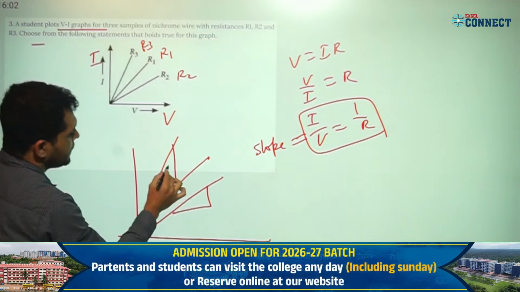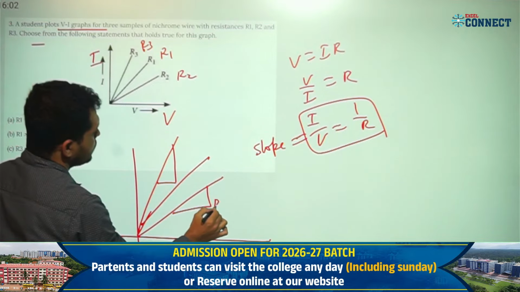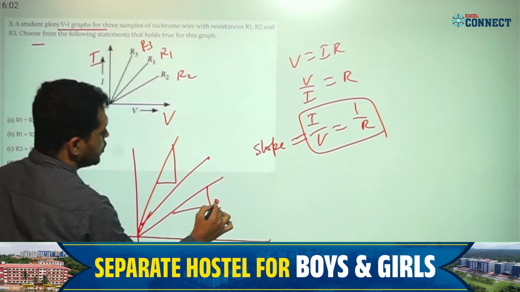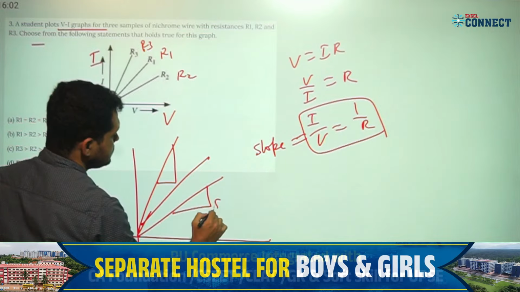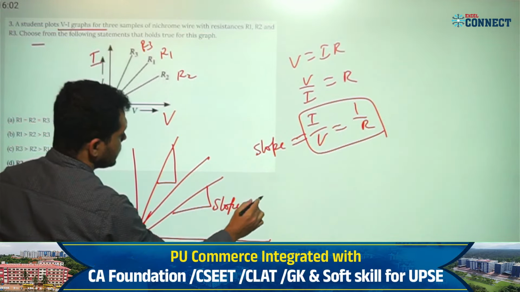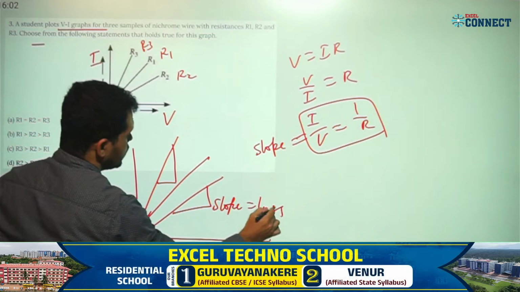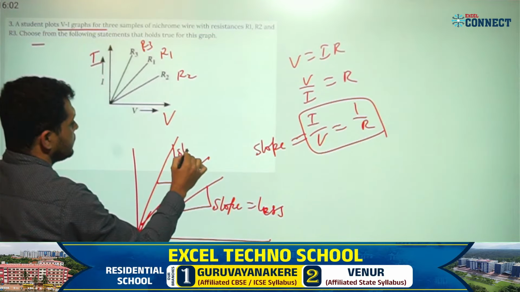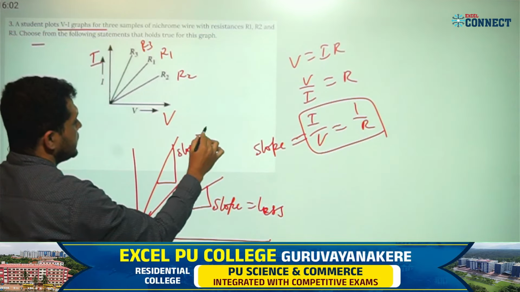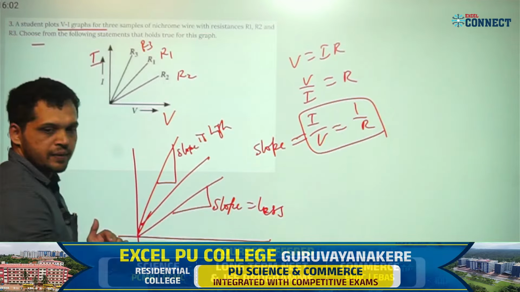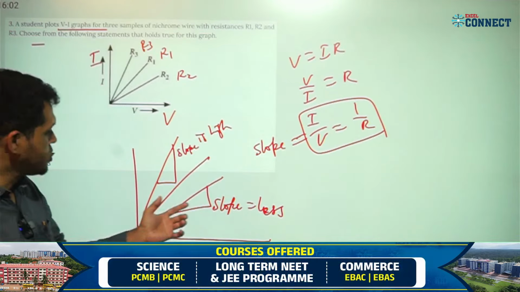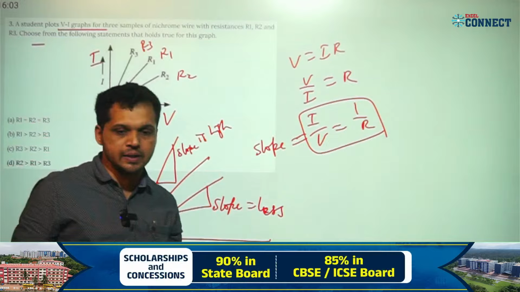If I compare the graph of R2, that is the slope here. Here the slope is less. Here the slope is high. This slope is less. This slope is high, right?